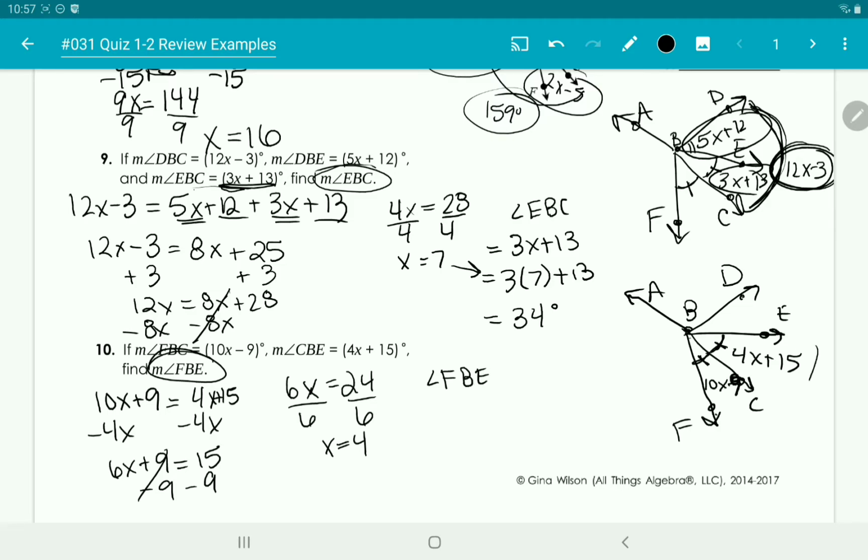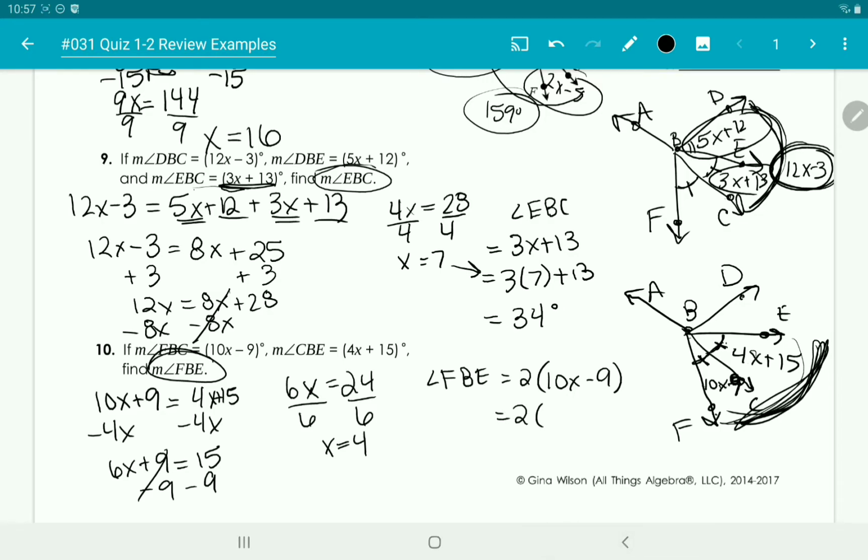FBE is going to be the entire thing together. So it's going to be 2 of either one of these since they're the same. We'll just double one of these, let's just do the 10x minus 9. Because both of these are the same, we have 2 of it to make up the entire angle.